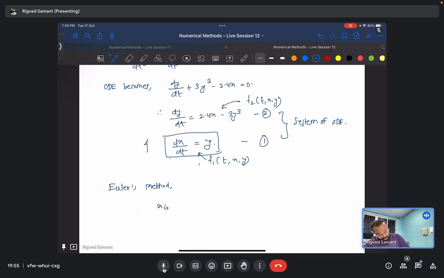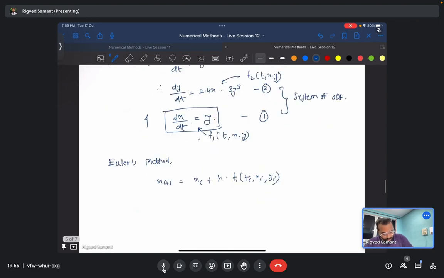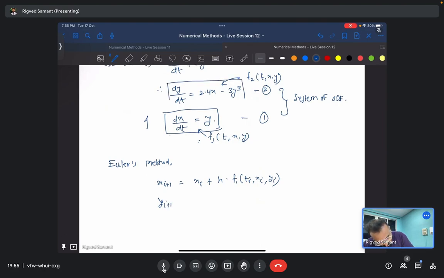So x(i+1) is equal to x(i) plus h into f of what? f1 or f2? x is in f1, right? So f1(t_i, x_i, y_i), and y(i+1) will be captured by this equation: y_i plus h into f2(t_i, x_i, y_i).